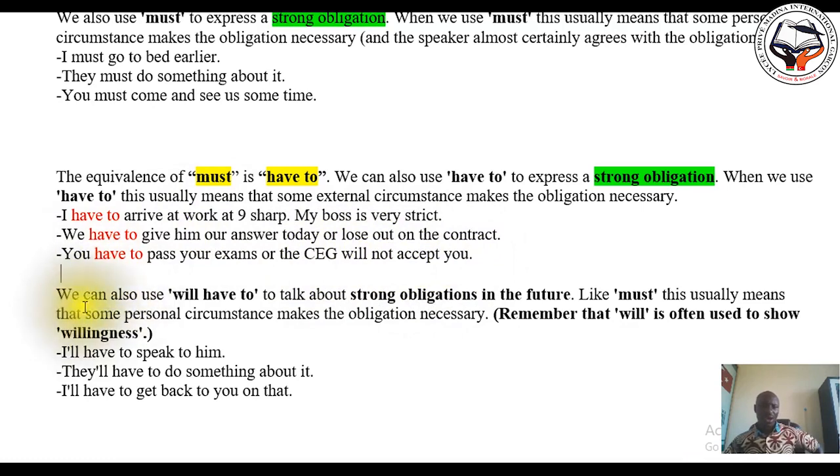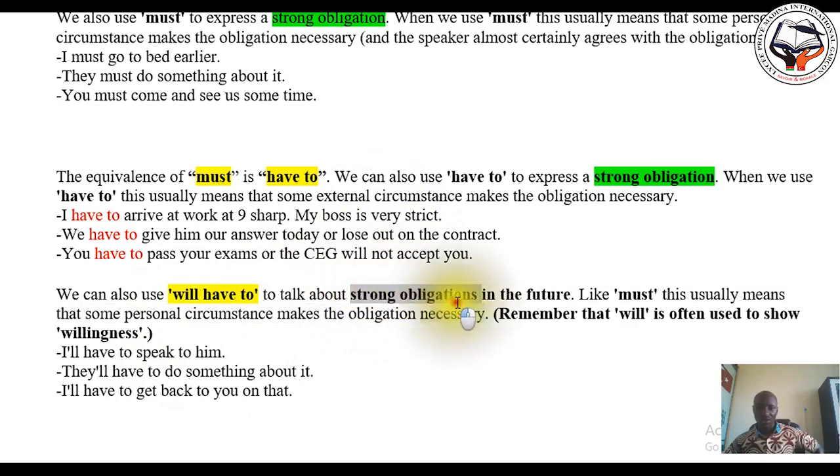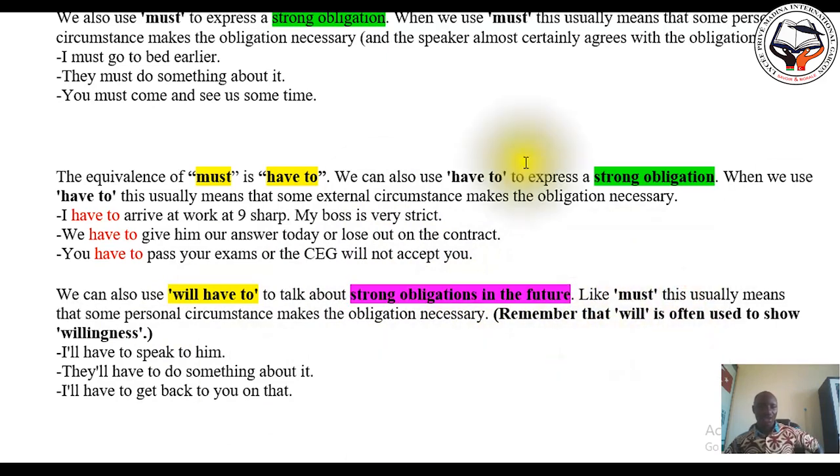We can also use will have to talk about some obligation in the future, like must.